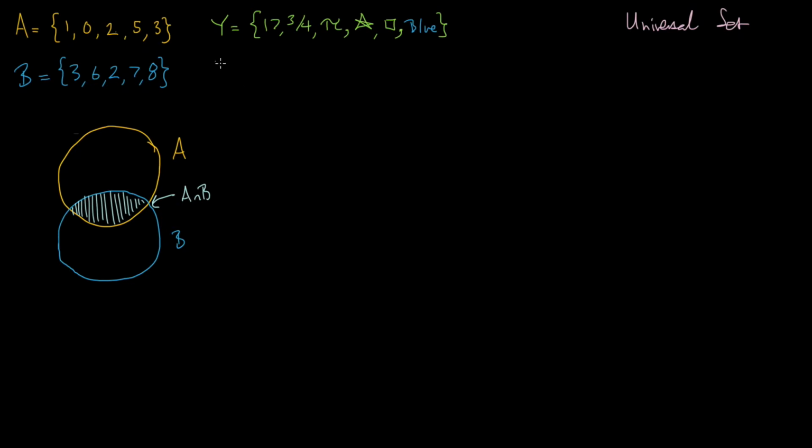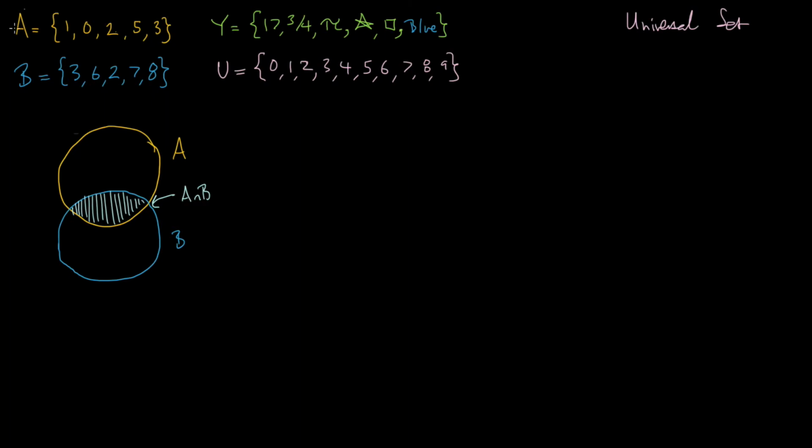So in a particular setting, we could say, okay, all the objects I care about are just these whole numbers from 0 through to 9. So the universal set, the set of all the elements that I'm going to actually allow myself in a particular situation to construct subsets with, is going to be this set here.